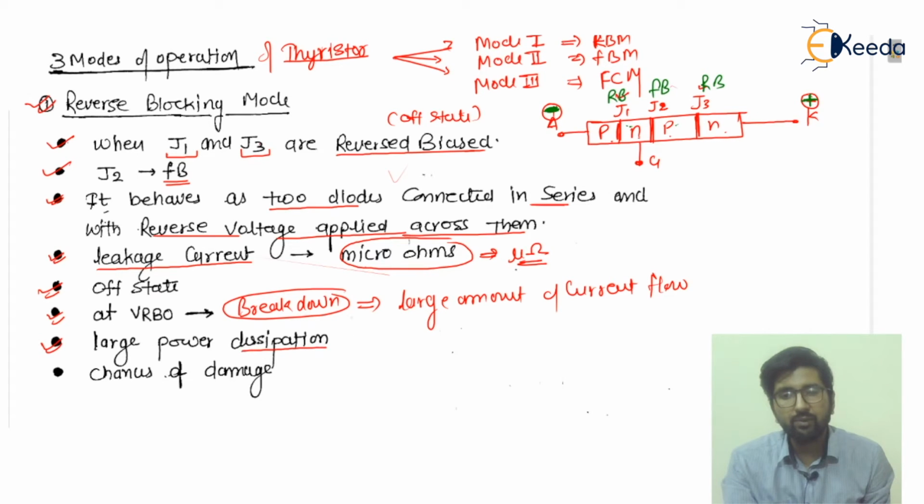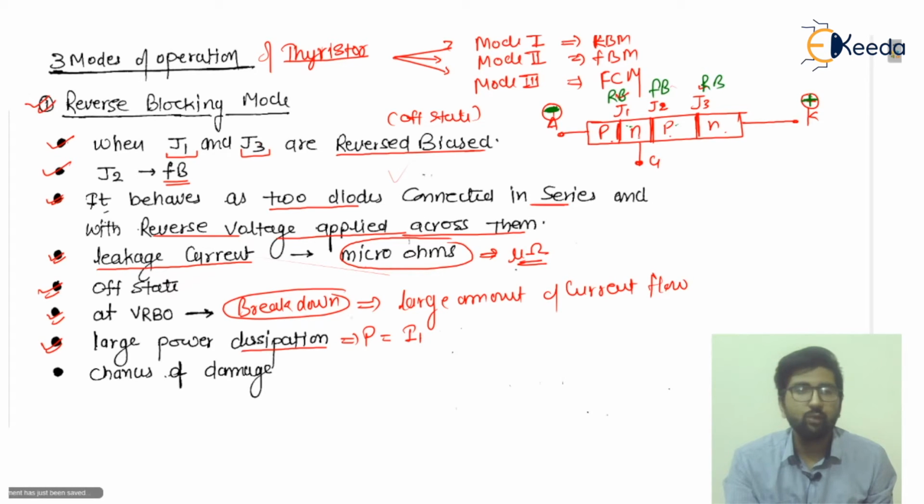Because as we know, power is the product of current and voltage, ID into VD. Both current and voltage are high, so there will be a large power dissipation. If there is a large power dissipation, then there will be heat generation.